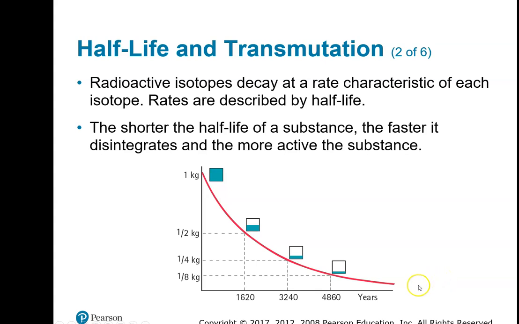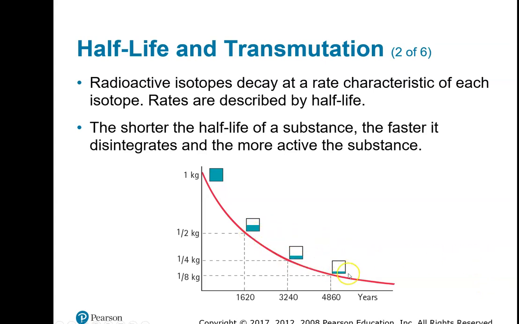Generally, when you get to about 10 half-lives, this is a rule of thumb, if you look at this curve, you virtually have almost no radioactive substance left. There's always some little bit left.